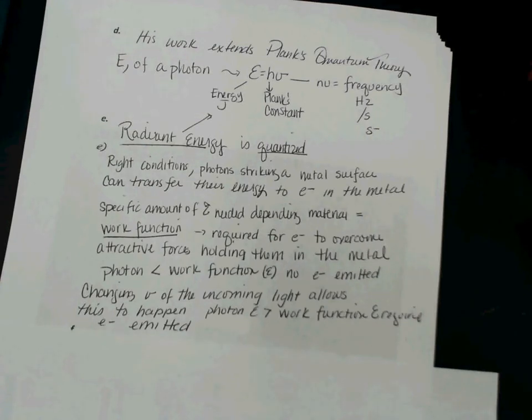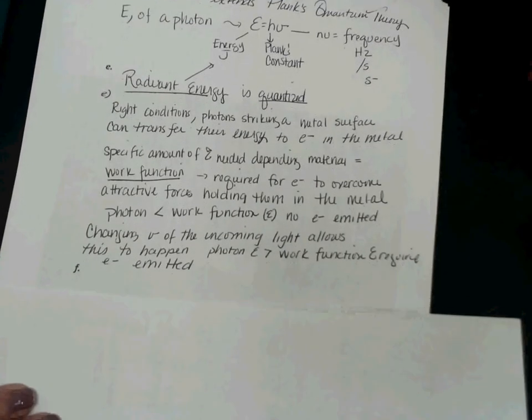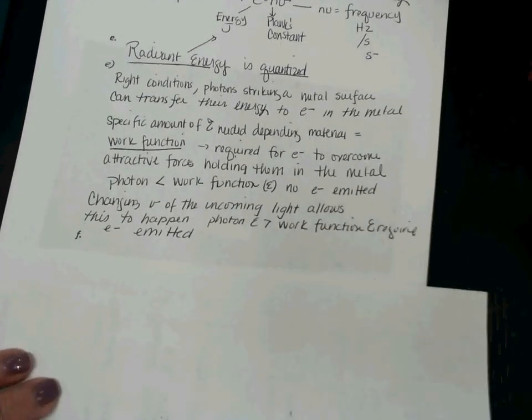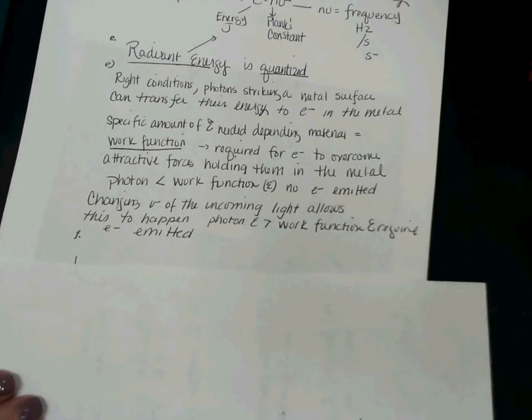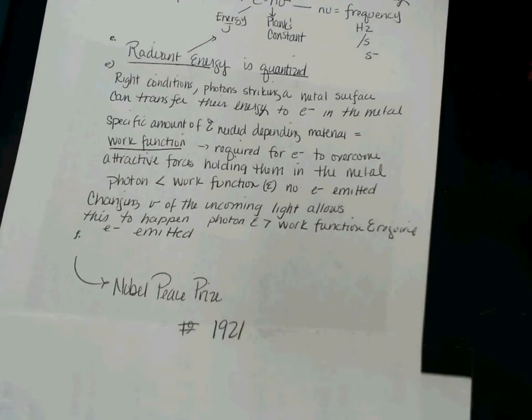If we change the amount of energy and we get it high enough, then we're able to cause the electron to change its place within the atom or be emitted from the atom. So you have to look at your numbers, your energy that's required, to see if you can overcome that work function, to see if the whole thing will actually work with that particular atom or those electrons of those atoms.